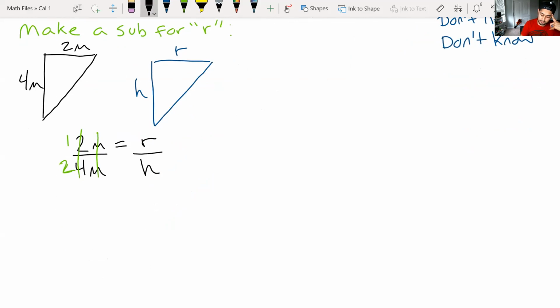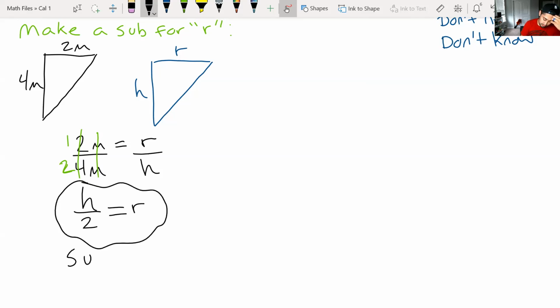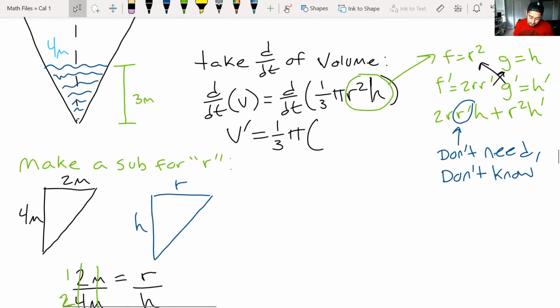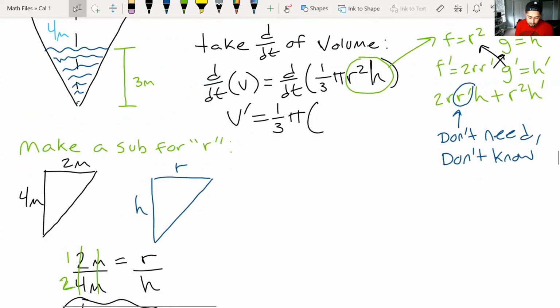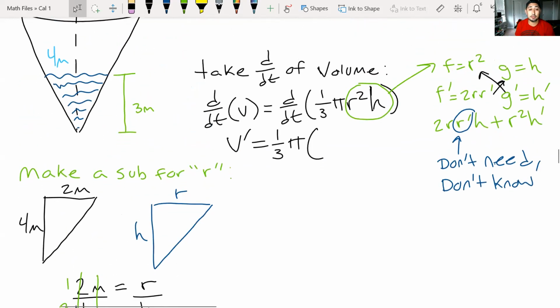And this means that I'm going to get h over 2 equal to r. And this is our sub. So with that being said, let's come back up to taking the derivative of volume.